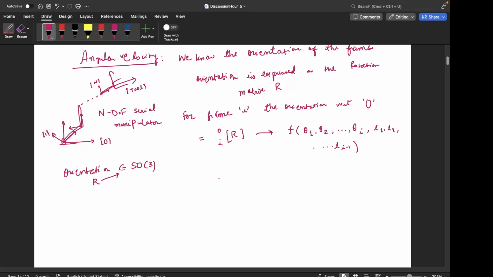So there is a relation which I will not be deriving here, but it is something like this: the angular velocity matrix, which is a skew symmetric matrix.